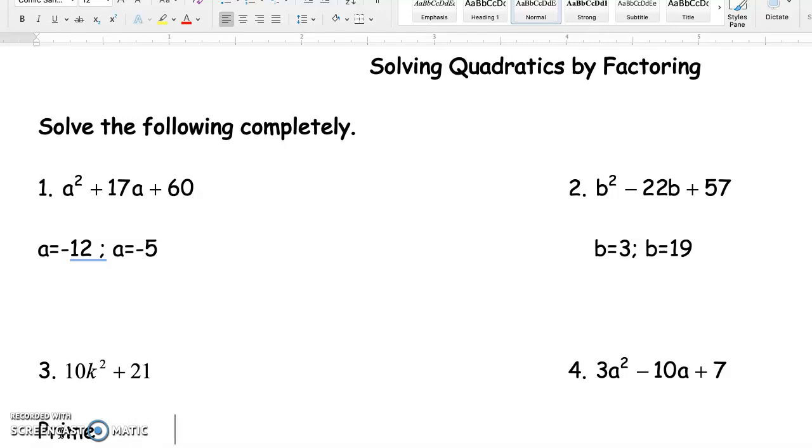Now for our last problem, let's scroll over. I'm going to use 3a squared minus 10a plus 7.